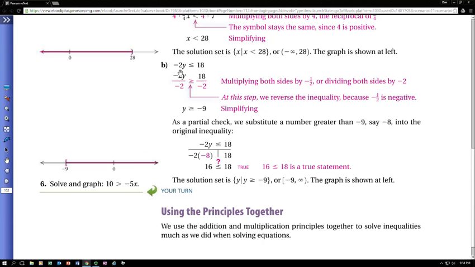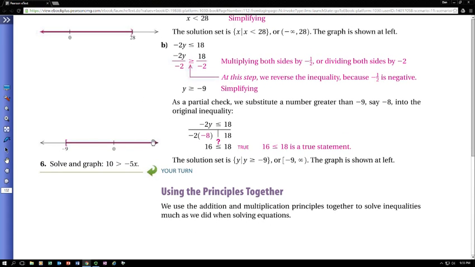Negative 2 times 0 is 0. Is 0 less than or equal to 18? Yeah, that makes it true. So it looks like I'm on the right side. Now, if I had forgotten to switch the inequality symbol, I would think the solution set was over here. So you'd try negative 10, put it in, and see if it works. I'd get 20 is less than or equal to 18, which is not true.